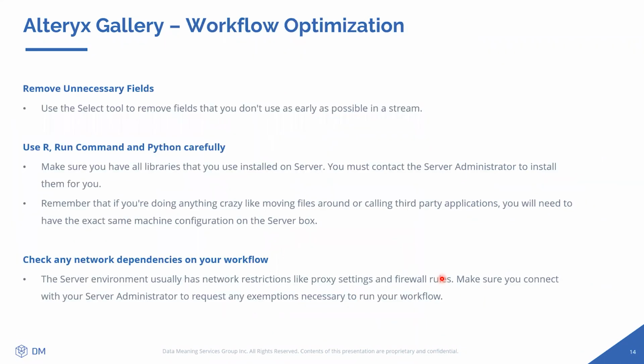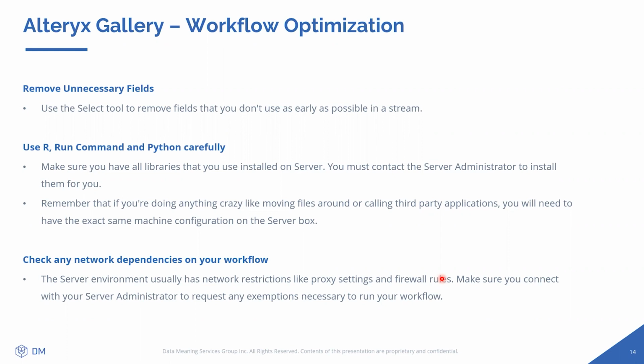All right. So next one here for the gallery is workflow optimization. How can you optimize things within the workflow to run on the gallery? The first one is remove unnecessary fields, and I would say remove unnecessary data. You can remove fields using the select tool, and I encourage everyone to do that on every workflow.